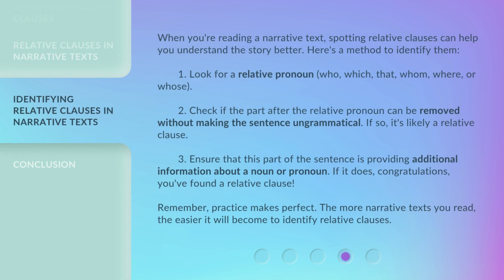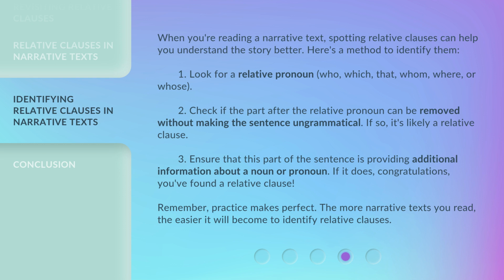When you're reading a narrative text, spotting relative clauses can help you understand the story better. Here's a method to identify them. 1. Look for a relative pronoun. Who, which, that, whom, where, or whose. 2. Check if the part after the relative pronoun can be removed without making the sentence ungrammatical.